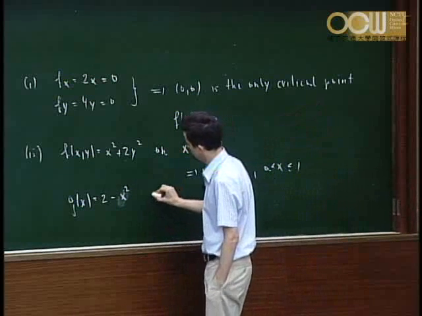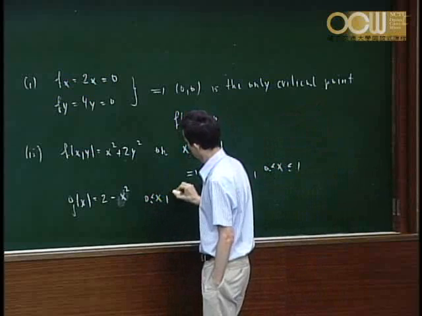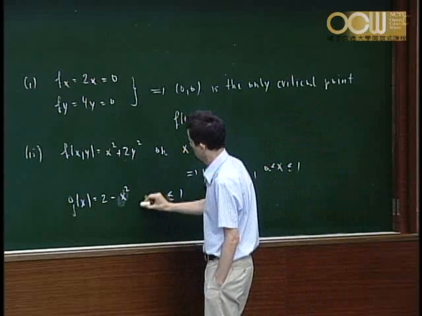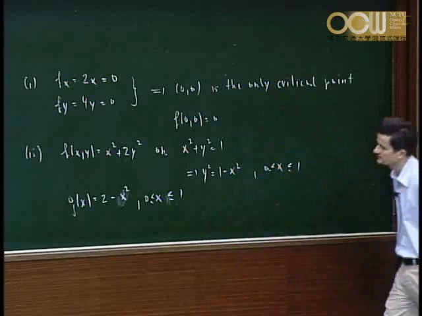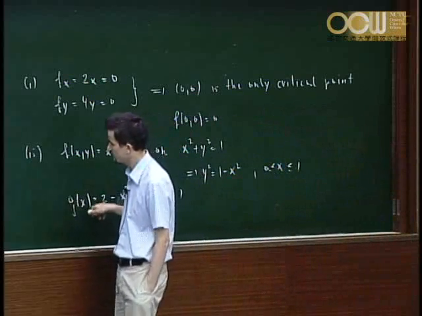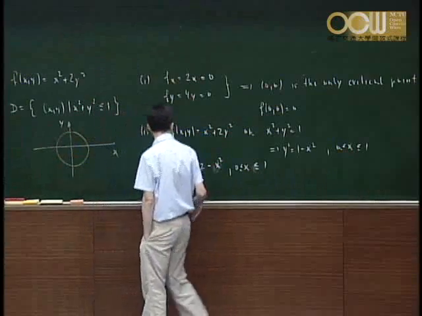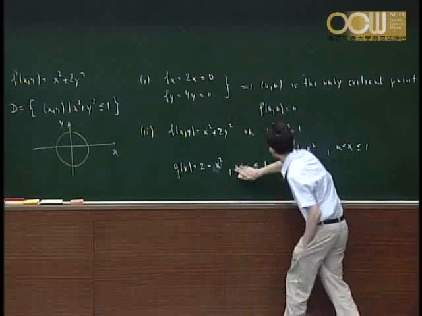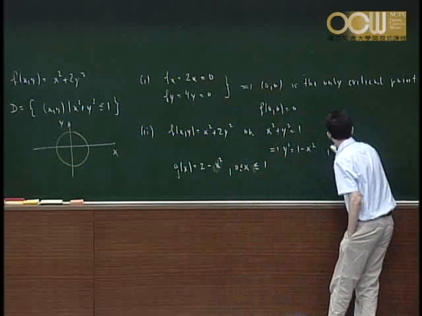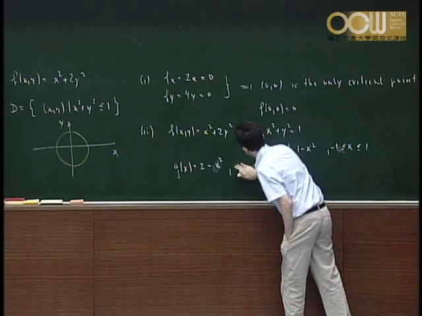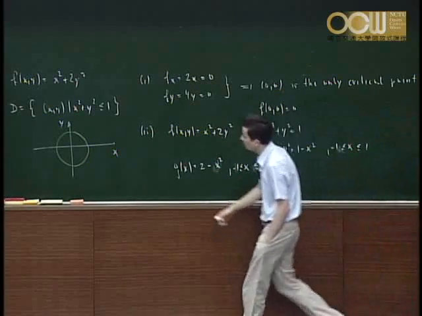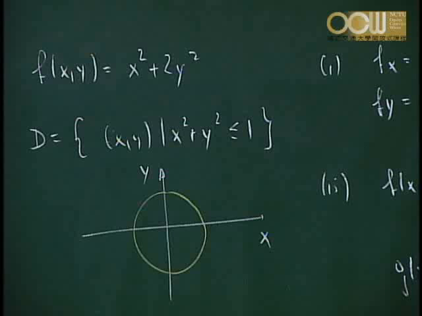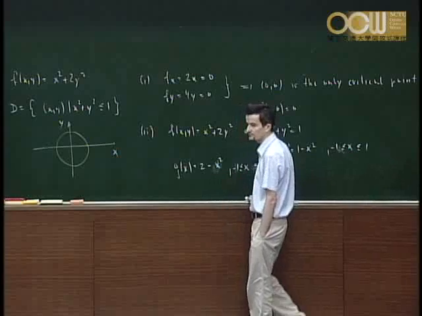So at the boundary we have to find the largest value and the smallest value, but of course this is easy here for this function.